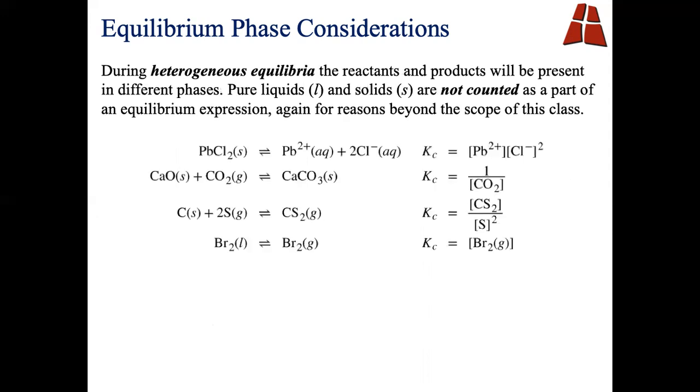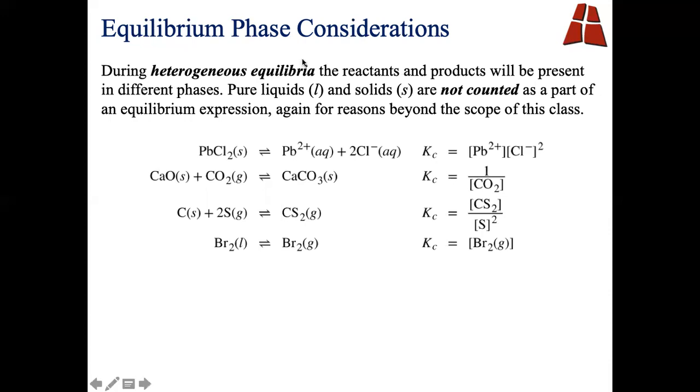Okay. Right, we can also have heterogeneous equilibria, and so this is where our products and reactants may be present in different phases. With regards to our other phases of liquids and solids, we do not count these as part of equilibrium expressions. Ultimately, we don't do that for reasons that are beyond the scope of this class, but again, take physical chemistry or quantitative analysis, and we can certainly discuss why that is in those courses.